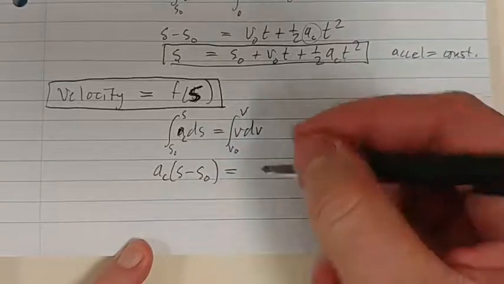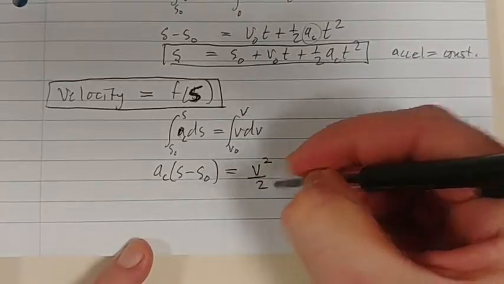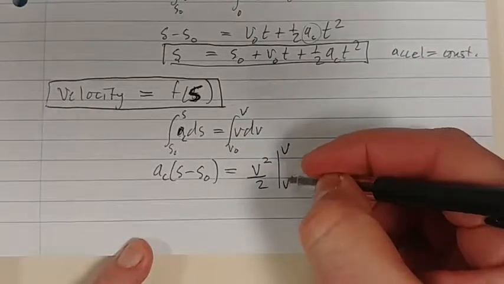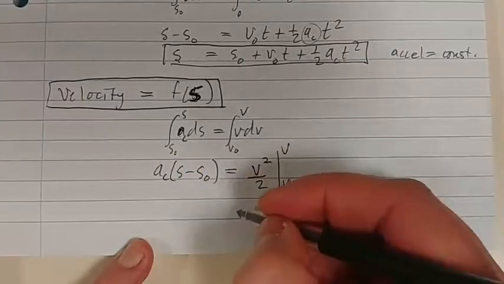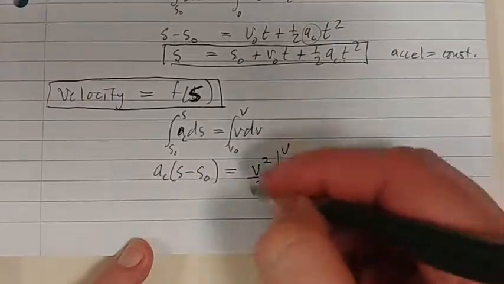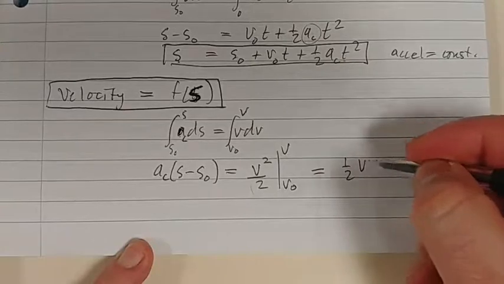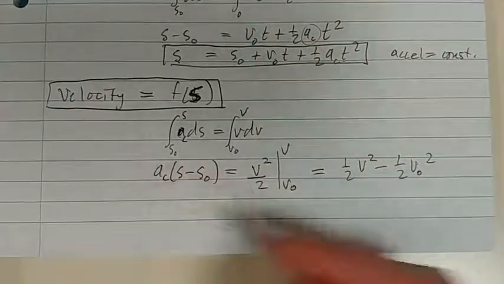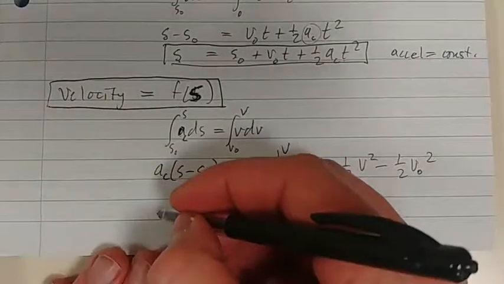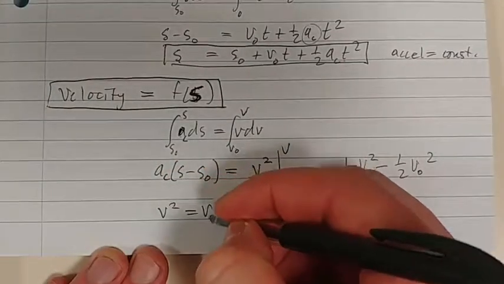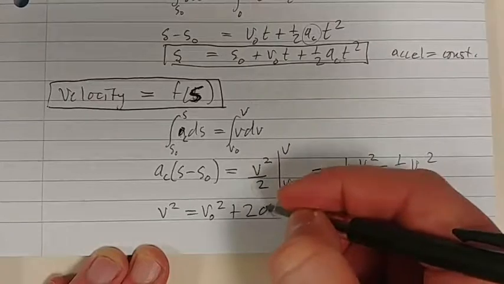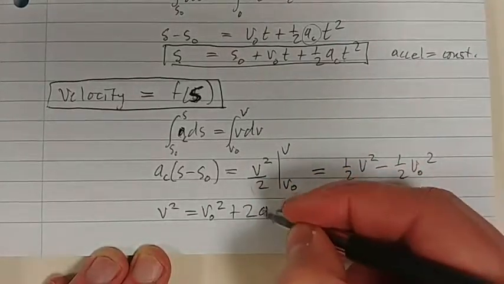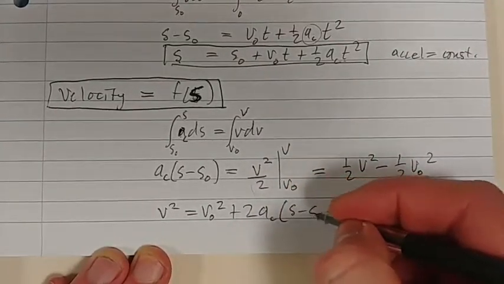On the right-hand side, we get v squared over 2 between v and v0, which equals half v squared minus half v0 squared. If we rearrange this, we get v squared = v0 squared + 2a(s minus s0), where a is the constant acceleration.